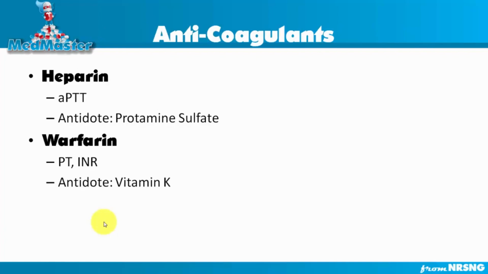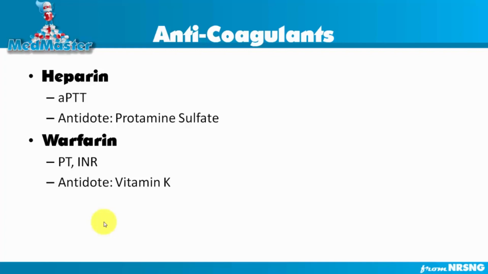With anticoagulants, there's a couple you really just have to know. This is true in nursing school, clinicals, nursing pharmacology, med-surg, etc. You just have to know heparin and warfarin. They work very differently, but they're both incredibly important.